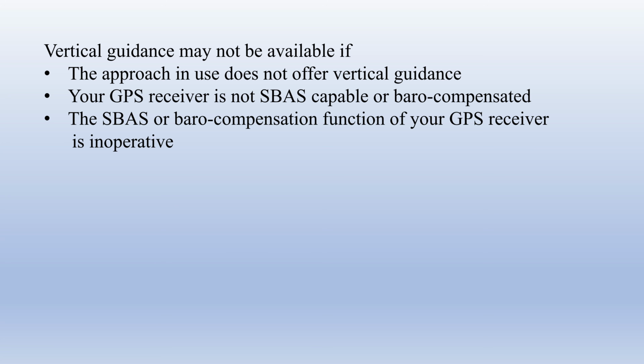And then the last one is that the SBAS or barometric compensation function of your GPS receiver is inoperative. And there could be a number of different reasons that this happens. It could be that there is a malfunction with your GPS, which you shouldn't see in Flight Simulator. It could be that there is an outage in the SBAS network that you're using, like the WAAS system in the United States. Sometimes there are regional outages. Something like a ground station going out can prevent this function from working.